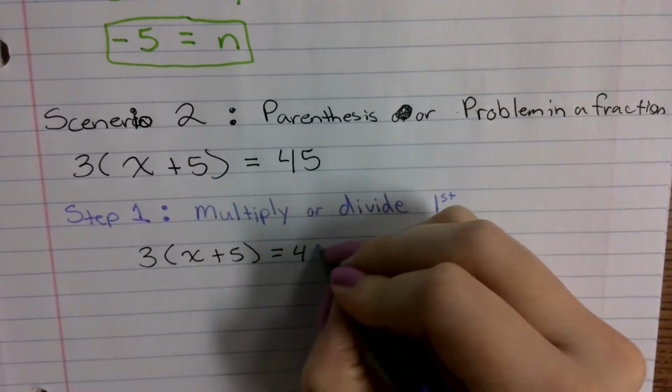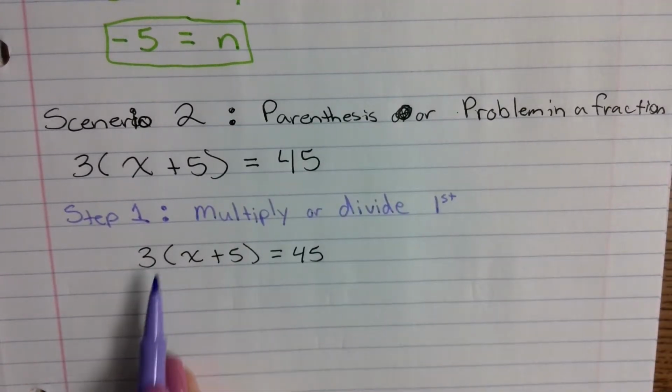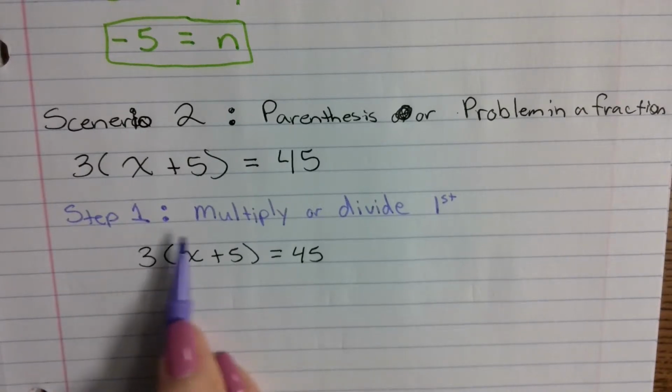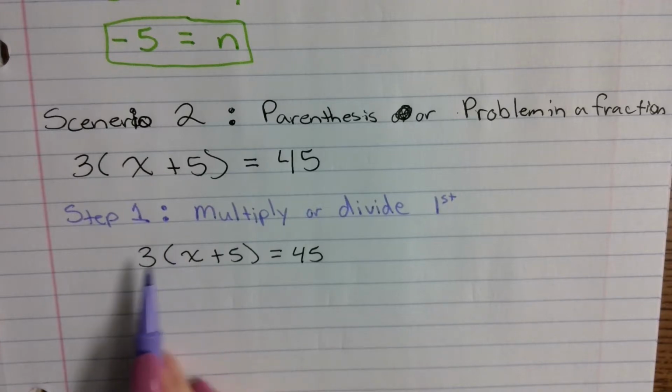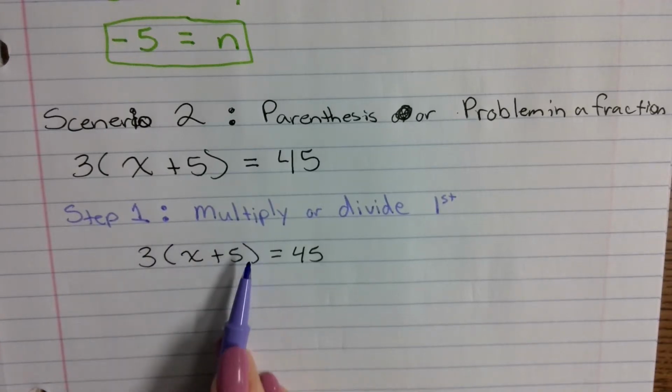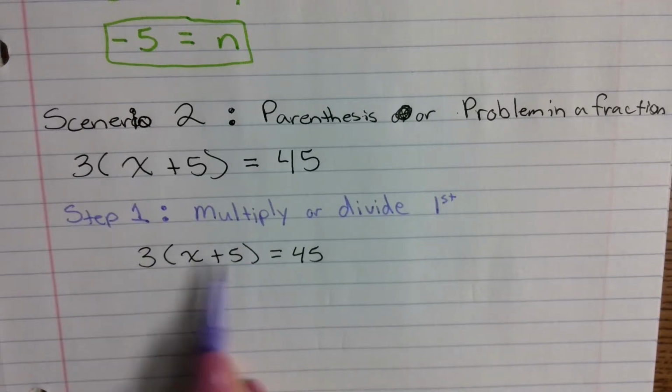In this case, the way that this problem is written, is this multiplication or division right now? Multiplication, right? Because it's distributive property. Distributive property means we would multiply to each component on the inside, 3 times x and 3 times 5. So instead of multiplying, what will I do? Division.